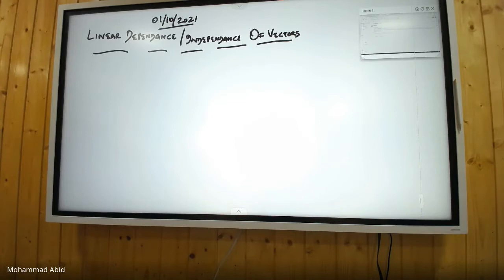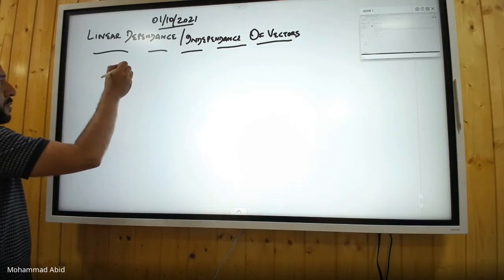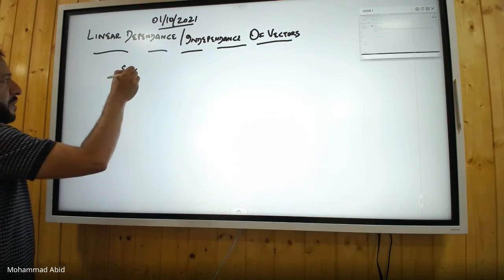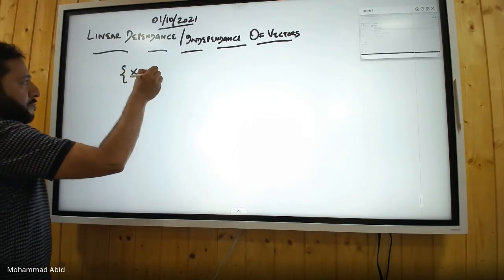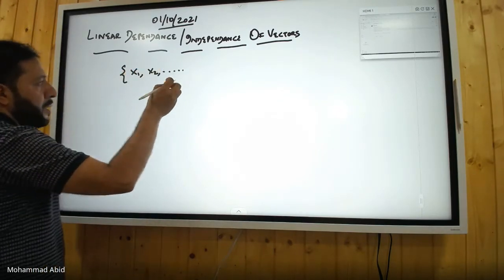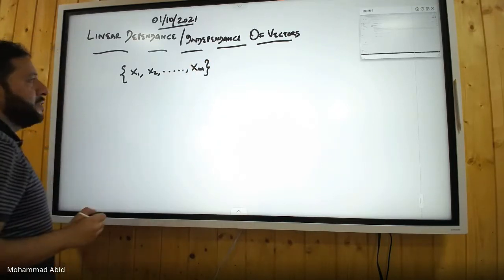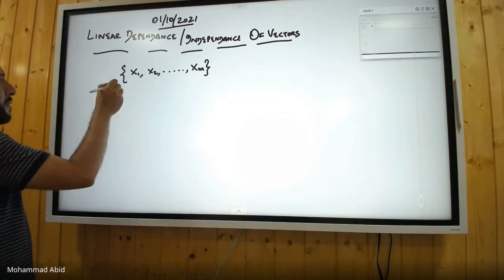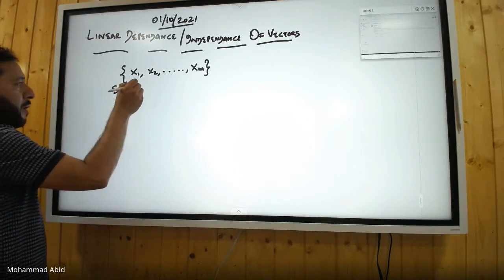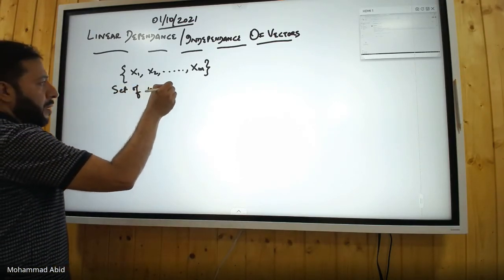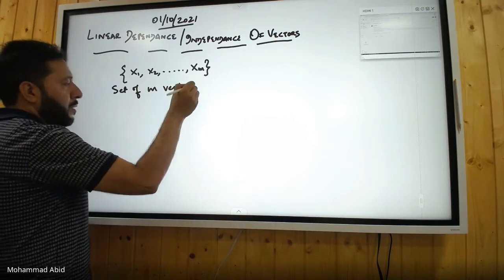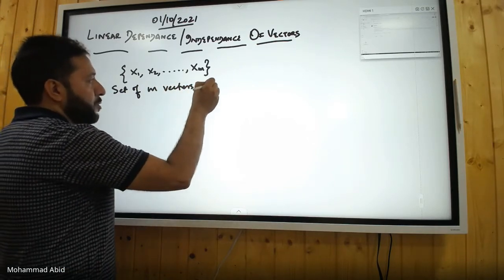So you have a set of vectors like this: x1, x2, so on, up to xm. This is a set of m vectors, each vector having n components.